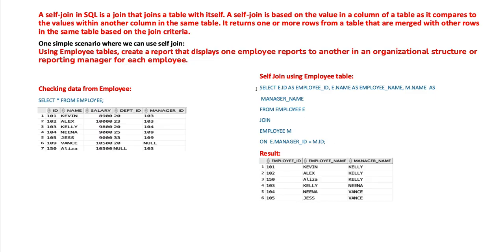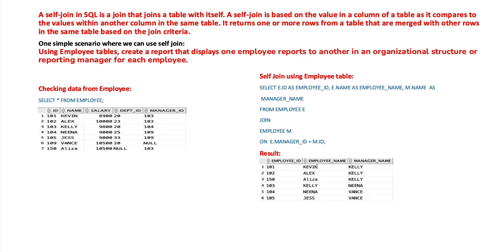When we run this code, we will get the result as shown below. The result contains only 6 records and 3 columns which we have selected. The 6 records indicate each employee name and manager name.